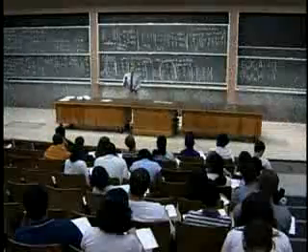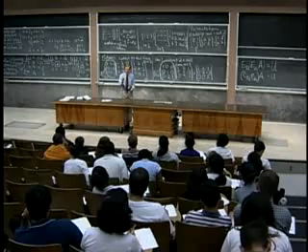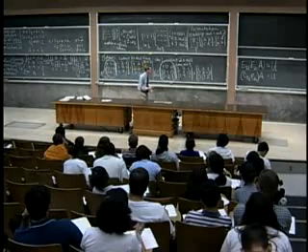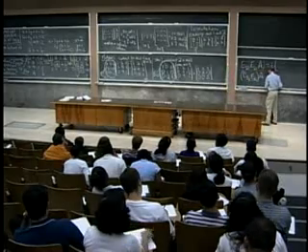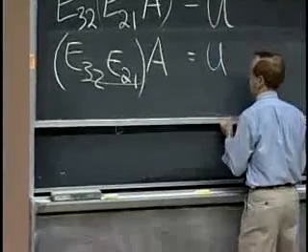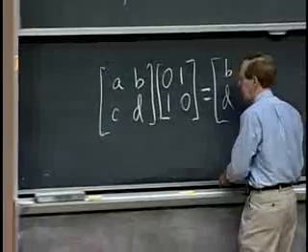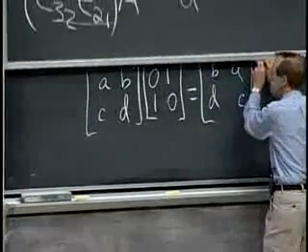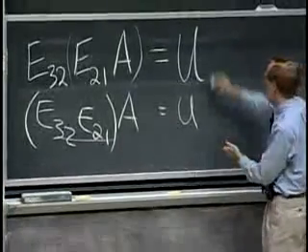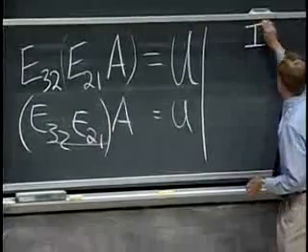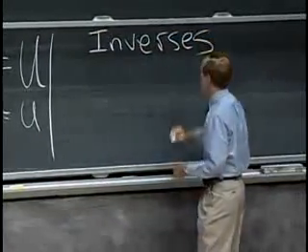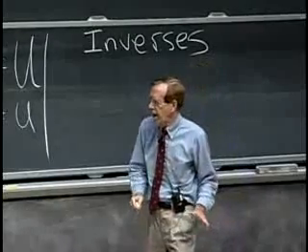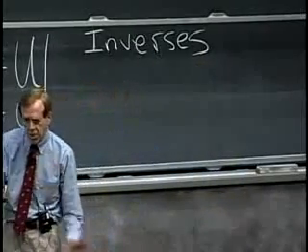Okay, so we're getting a little leg up on inverses. Okay, so this is the final moments of today. Okay, inverses. Okay, and I'm just going to take one example and then we're done.